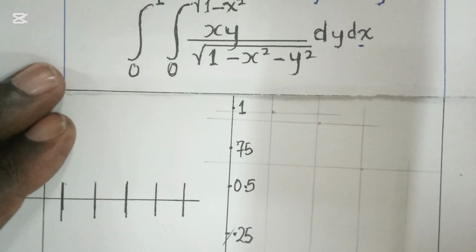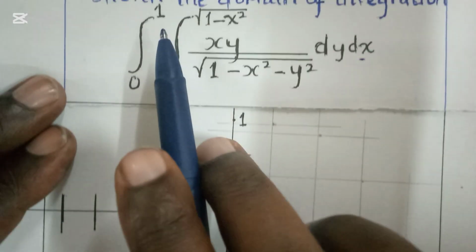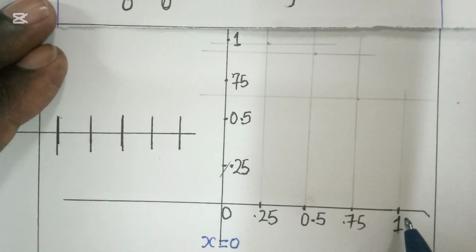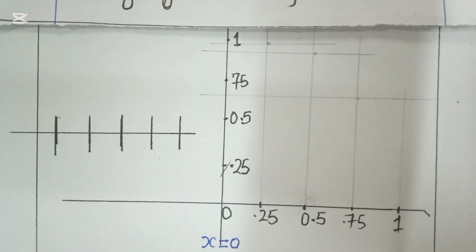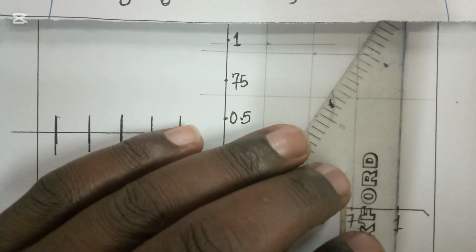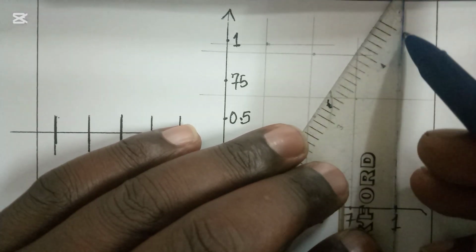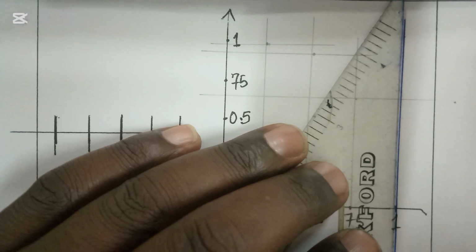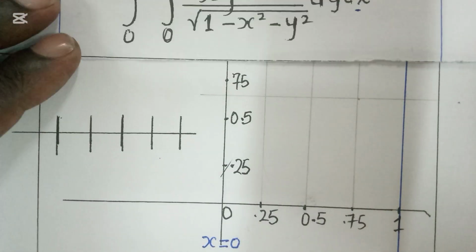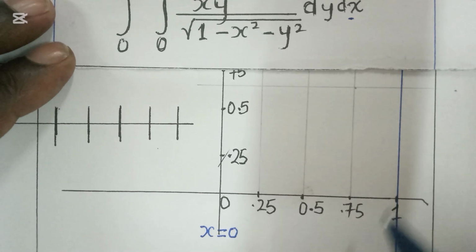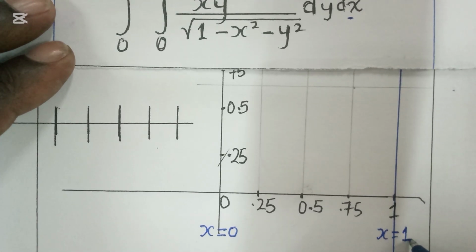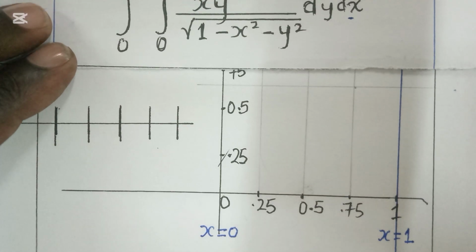Then we can draw for 1, which is now going to be at this point. This is our point. We draw that limit. We call that upper limit. So that is our upper limit guys. From there guys, and I call that one x equals to 1. That is for the upper limit.